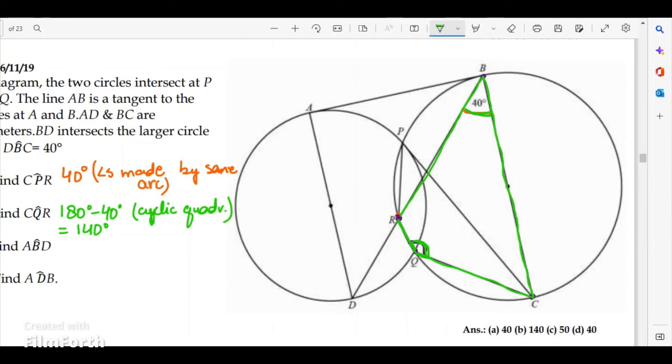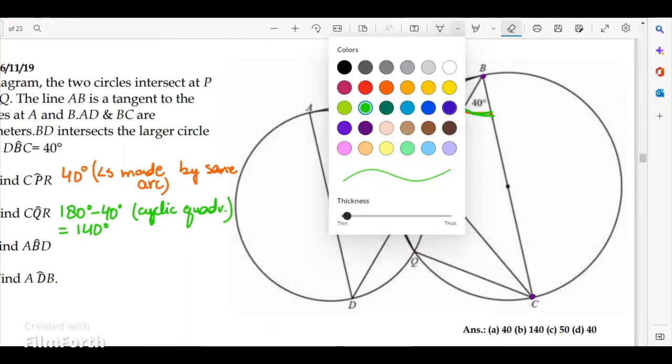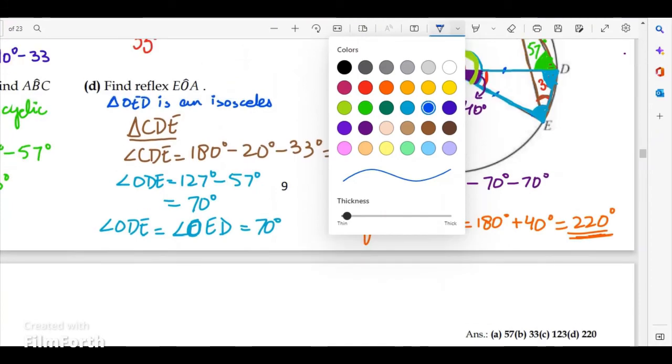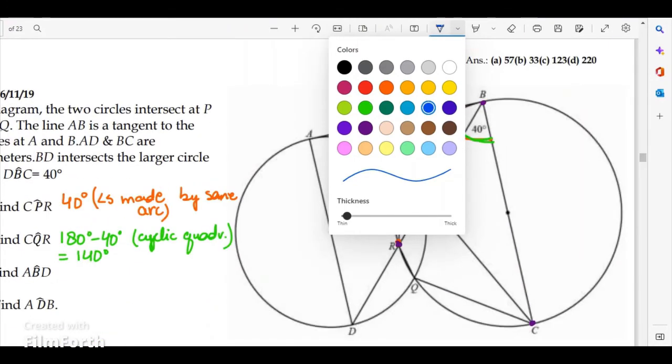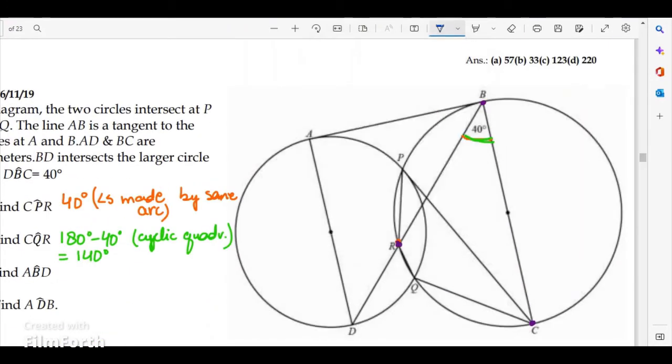Next we have to find ABD. Again, I'm first tracing these lines. ABD, this is what they're asking us to find, this angle. This is pretty simple.